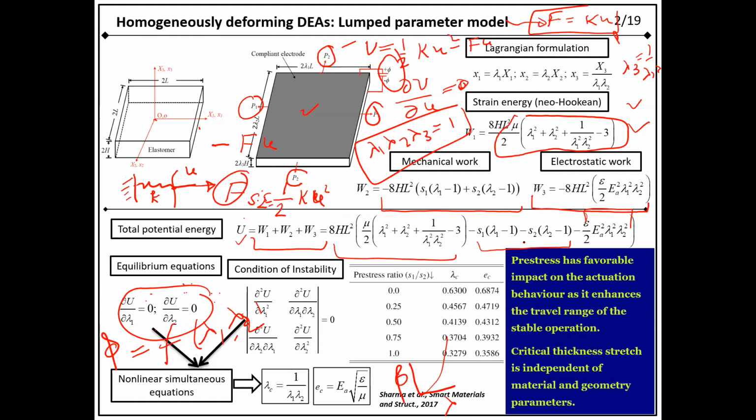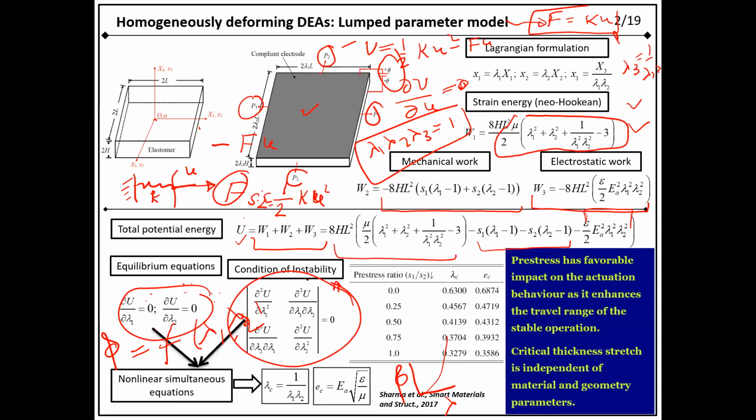That point we call the instability point, and we obtain it by applying the condition of instability. We know when a system is called stable and when it is called unstable, and between them there is a critical point, which we obtain by this condition.